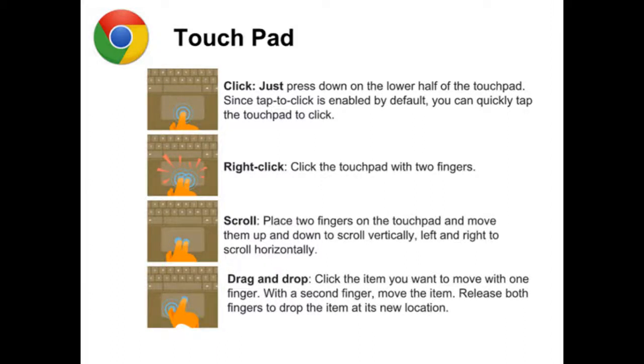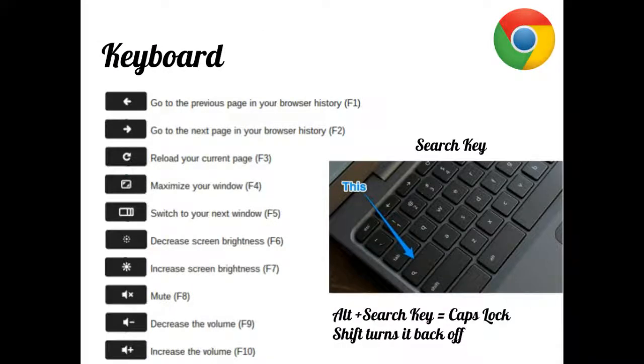And then the keyboard, again, for the most part, is the same as any keyboard that you've ever worked with before. It does have a new row of buttons at the very top. A Windows laptop is going to have the F keys, F1, F2, F3, and you don't have those on a Chromebook. Instead, you have these dedicated buttons that you see here on the screen.